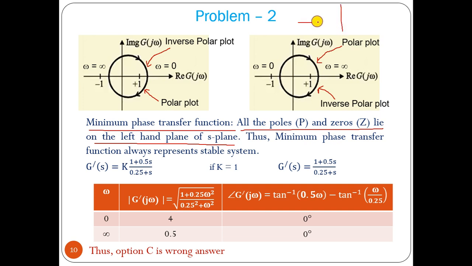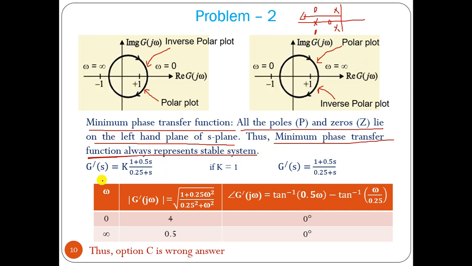That means for a minimum phase transfer function, all the poles and zeros must lie on the left half of the s plane. That means the system is always stable. Thus a minimum phase transfer function always represents a stable system. So there is no problem. The system is stable for a minimum phase transfer function.